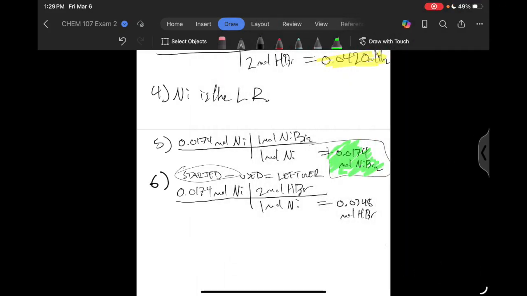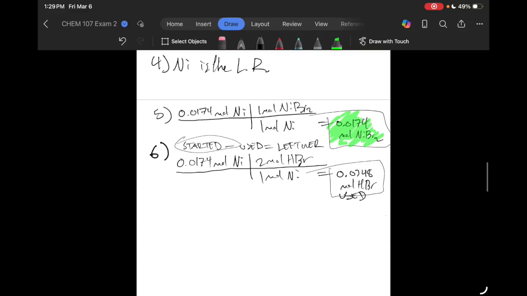So what does this number mean? This means that whenever our amount of Ni runs out, when we finally use up the 0.0174 moles of Ni that we had, we will have used 0.0348 moles of HBr.